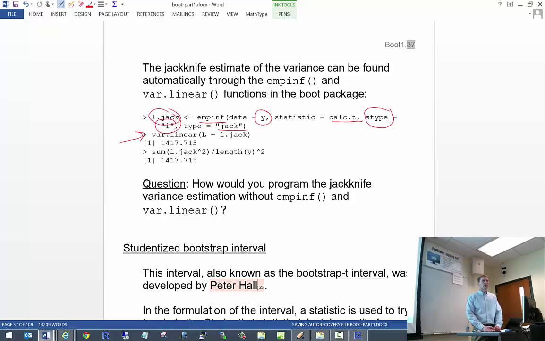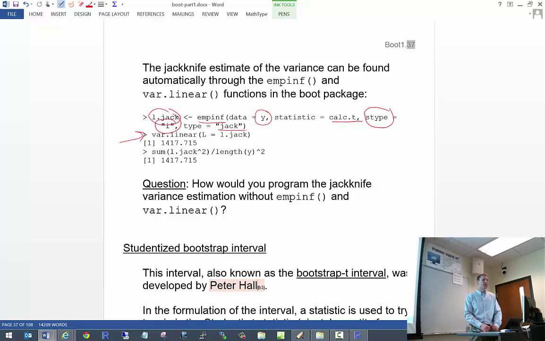So on your own, since we're running out of time and I want to talk about the assignment, think about how you would program the Jackknife variance estimator without the emp.inf function or var.linear. What would be maybe one function that you would want to use to do these calculations? So I need to do something for every single observation, right?